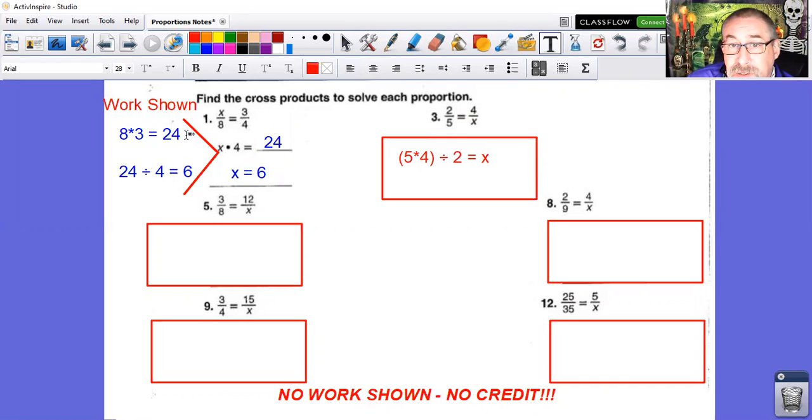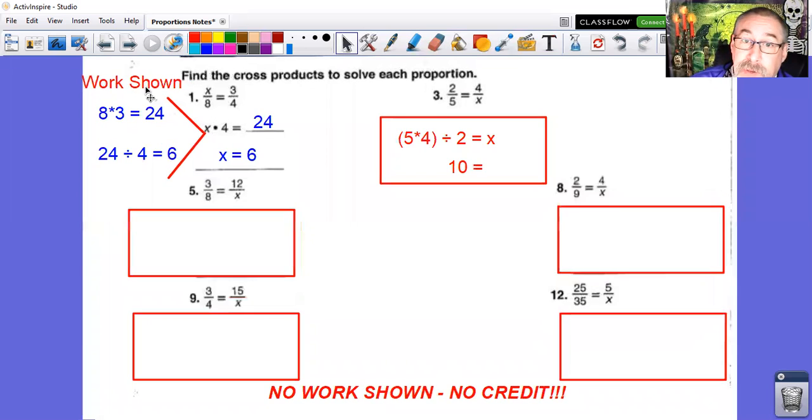Instead of actually doing the algebra like this first example over here, where I did x times 4, 8 times 3, then divided both sides by 4, I'm doing that all in one step here. So 5 times 4 is 20, divided by 2 is 10, is equal to x. This is the work that you have to show me.